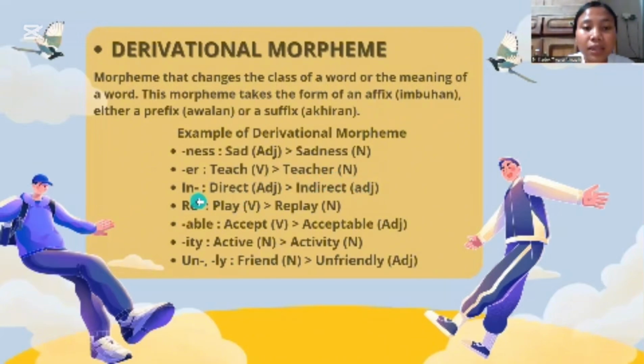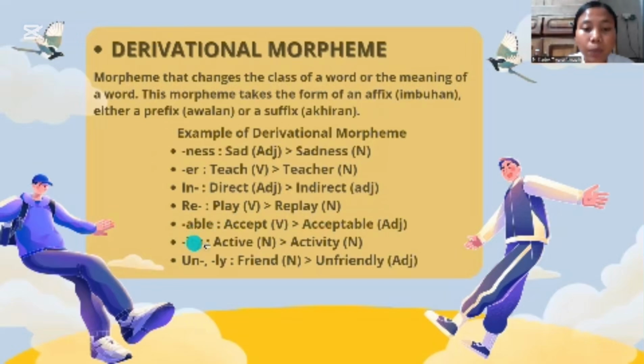And then in with the adjective direct to be indirect, that changes from adjective into adjective. And then re with the base word play, a verb, changes into replay, a noun. So replay changes from the verb into a noun.